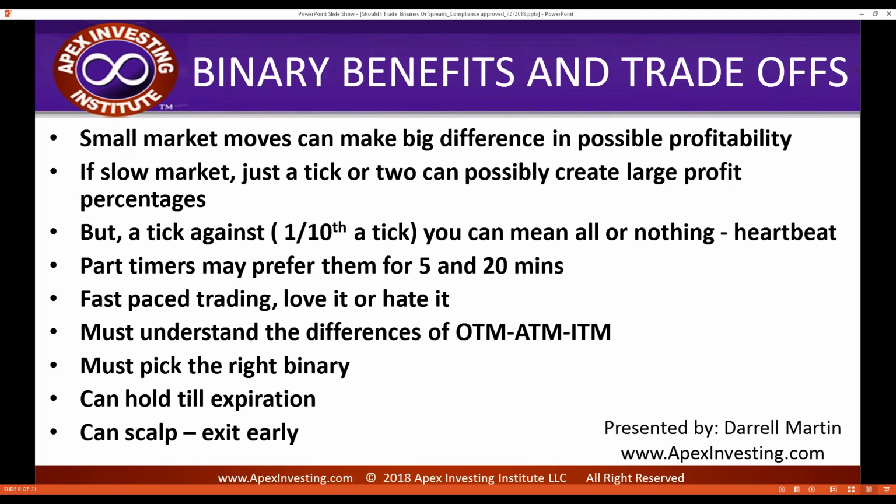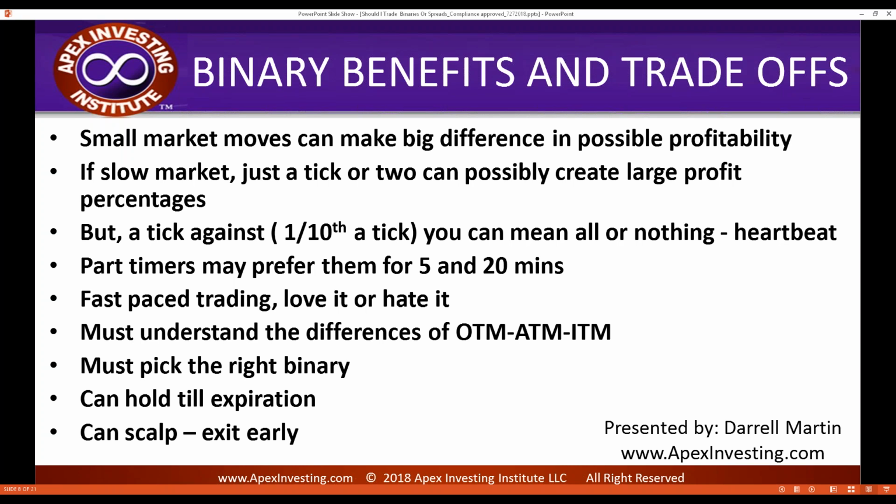And a lot of part-time people might prefer binaries. There's 5-minute binaries, there's 20-minute binaries, there's binaries around like 23 hours a day on the forex. It's very fast-paced trading, right? You might love it or hate it. Some people love those 5 and 20-minute binaries. Some people hate it. It's just too much, right? Too much on the heartbeat, right?